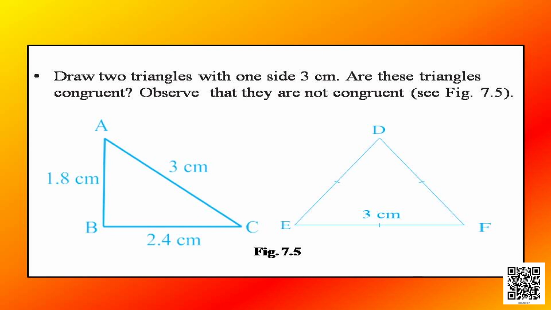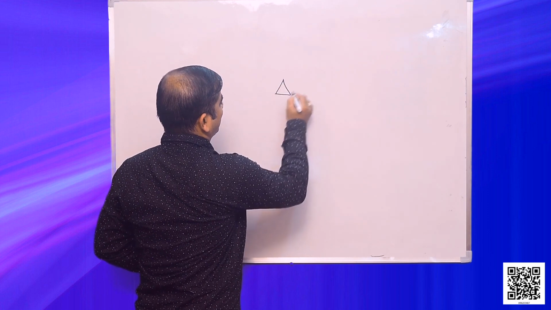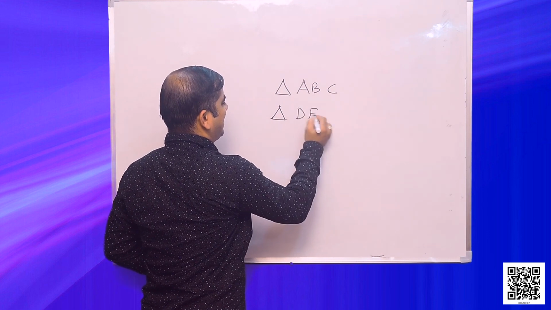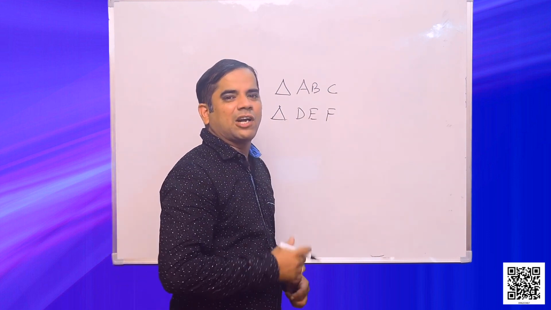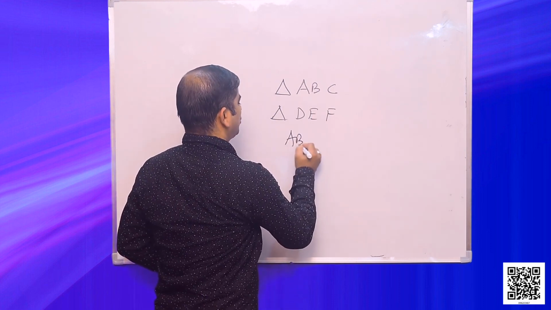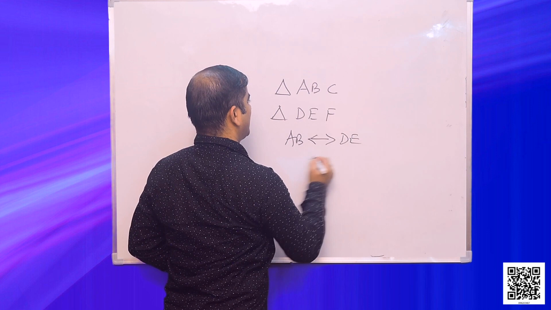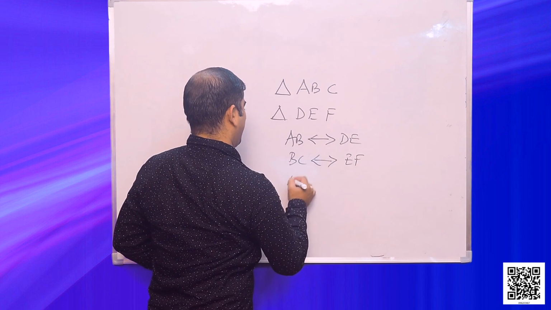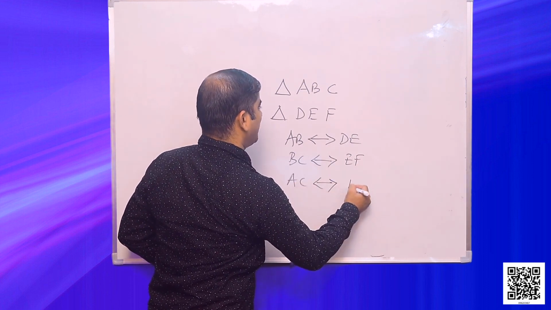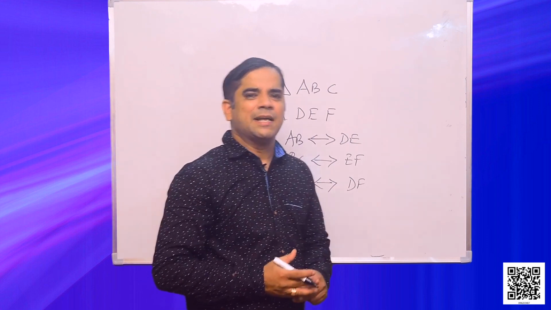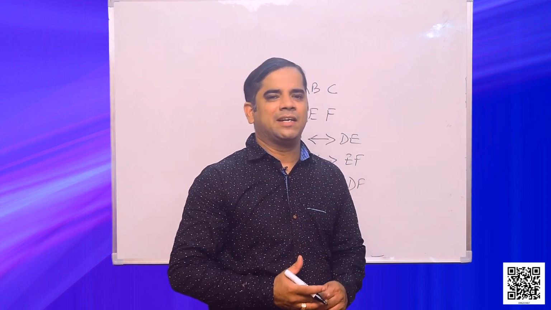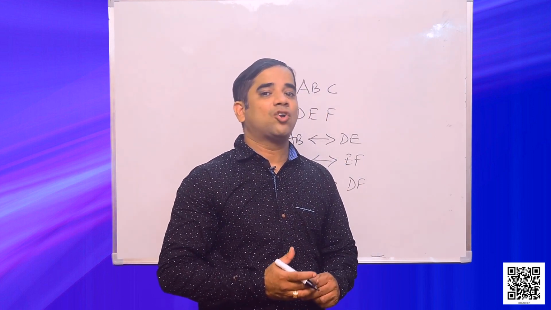So if I name the triangles as triangle ABC and triangle DEF, that means for congruency, AB should correspond to DE, BC should correspond to EF and AC should correspond to DF. But in this case, BC is not corresponding to EF. They are of different measurement. That's why triangle ABC is not congruent to triangle DEF.